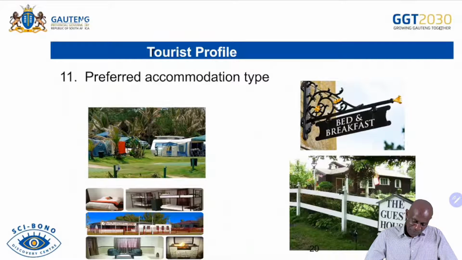The twin beds, where one will sleep on top and another one at the bottom. The bed and breakfast, the guest house. So there are many other forms of accommodation that a tourist can choose from. And as you develop a tourist profile, you need to take into consideration the preferred accommodation.